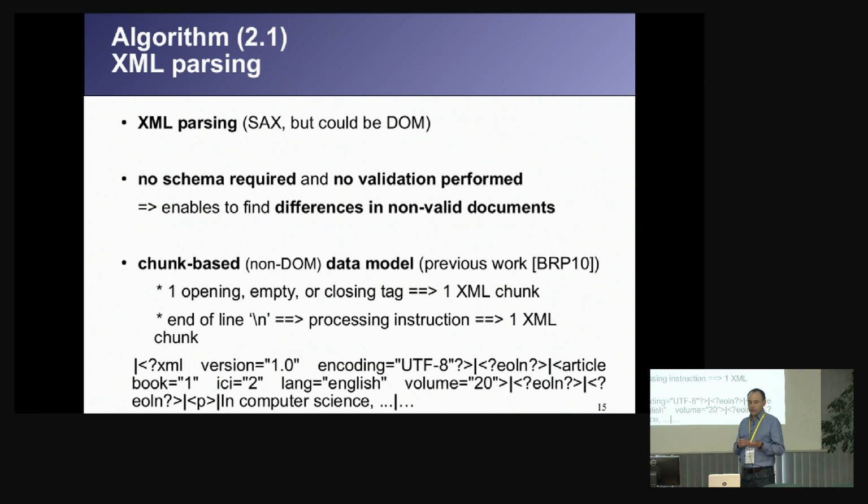A detail: the ends of lines are materialized as processing instructions. It's a design choice. It could be something else. And this is also stored as one XML chunk. In the small example here, after the XML prolog, you see one end of line, the opening tag of the root element, two ends of lines, a p tag, and a text chunk.